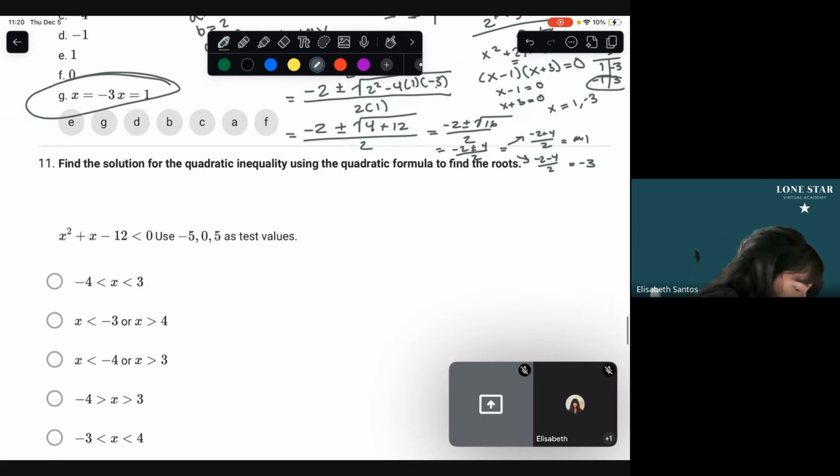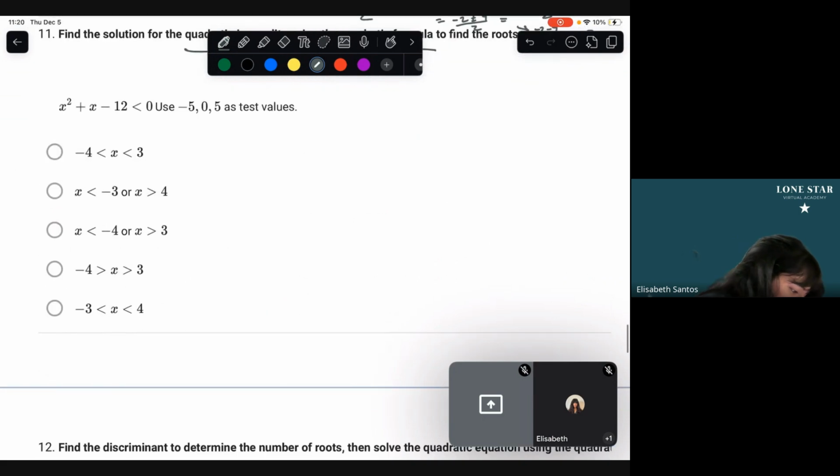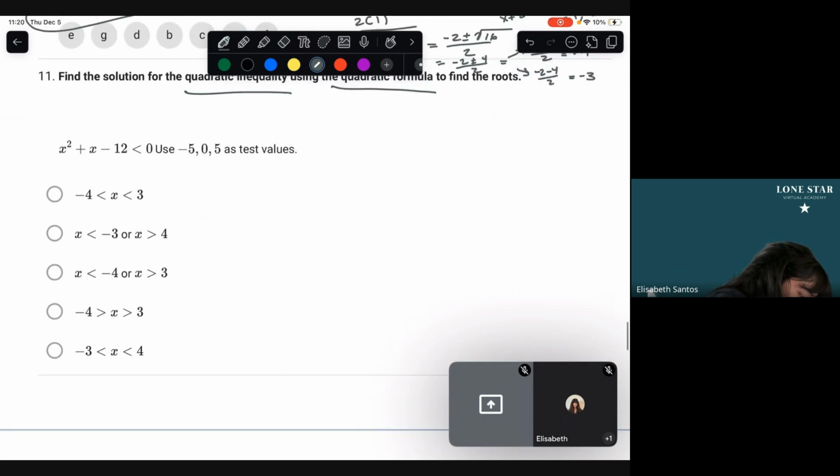Okay, so number 11, find the solution for the quadratic inequality using the quadratic formula to find the roots. Okay, so this is in standard form. So remember ax squared plus bx plus c. a equals 1, b equals 1, c equals negative 12.